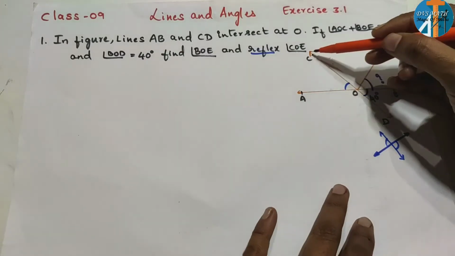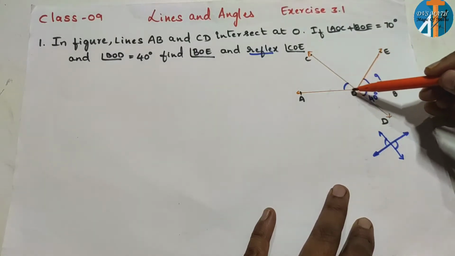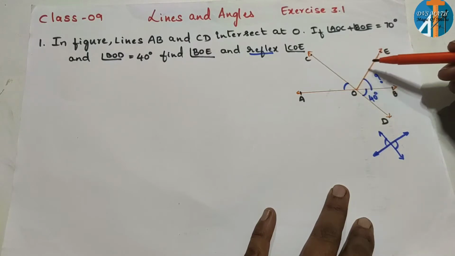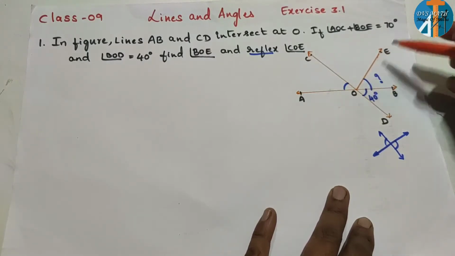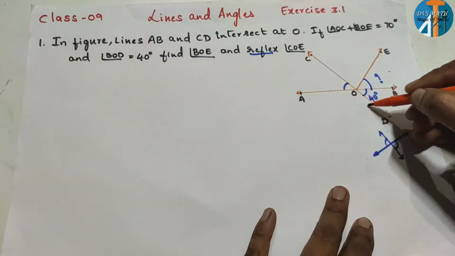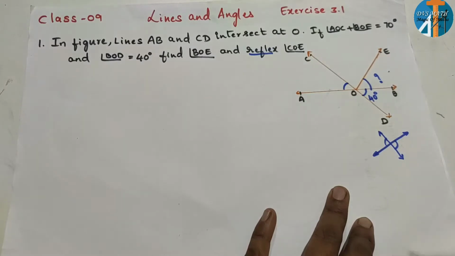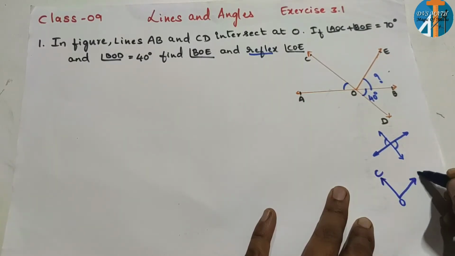That means here we cannot consider this angle COE like this. If you consider it like this, it may be exactly 90 degree or less, it is not 360, it is a reflex angle. But here we have to consider it like this. Observe here, if the angle is like this, COE, we cannot consider it like this.